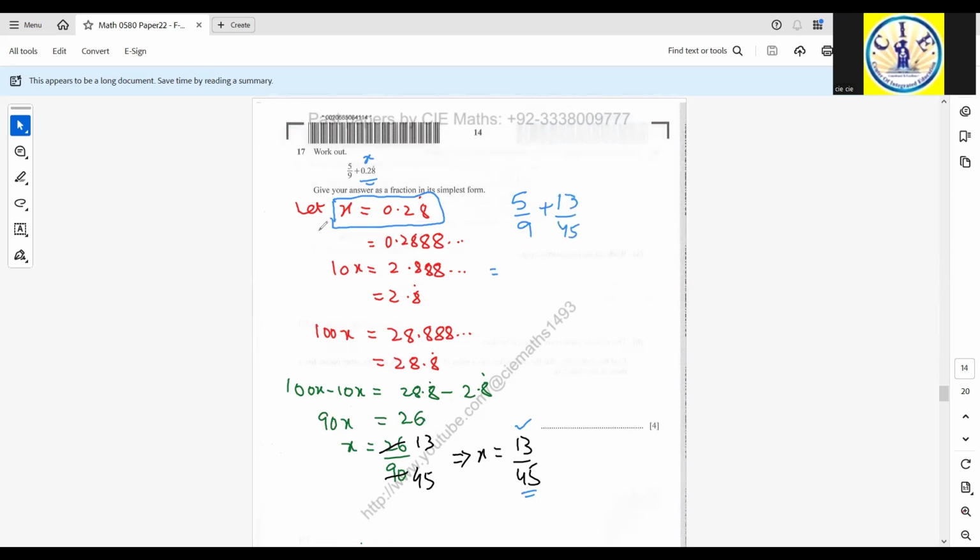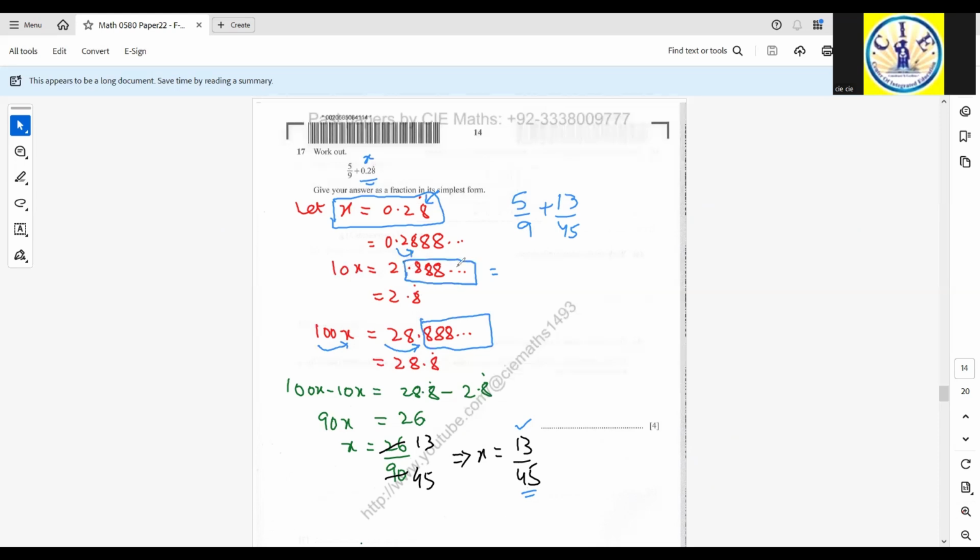This is the method to convert a recurring decimal into a fraction. That is, for this recurring digit, we need to see that if I multiply it with 10, the decimal would shift one digit to the right, and when I multiply it with 100, the decimal will shift two digits to the right, and then this recurring decimal portion is the same in both of them.